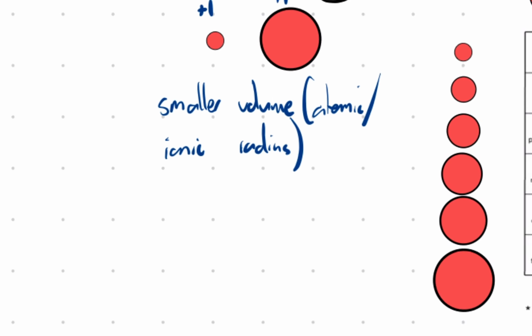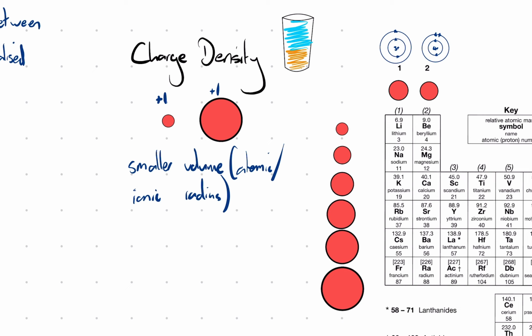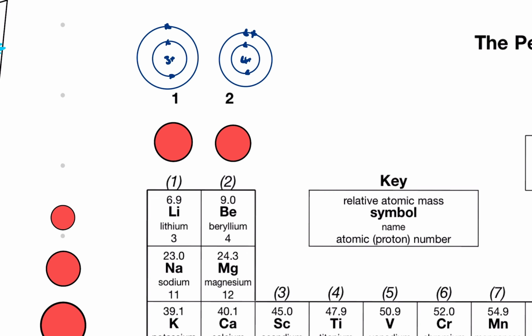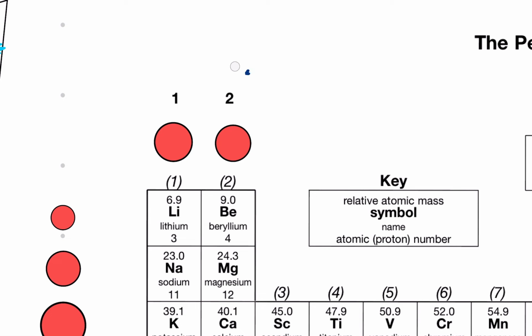The other thing we're going to think about in terms of charge density is the charge. So if we take lithium and beryllium, there are 2 good reasons why beryllium is going to have a higher melting point than lithium, right? Lithium is going to have a 1+ charge.